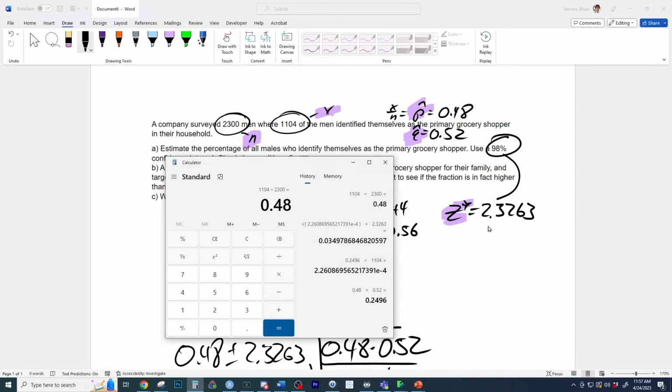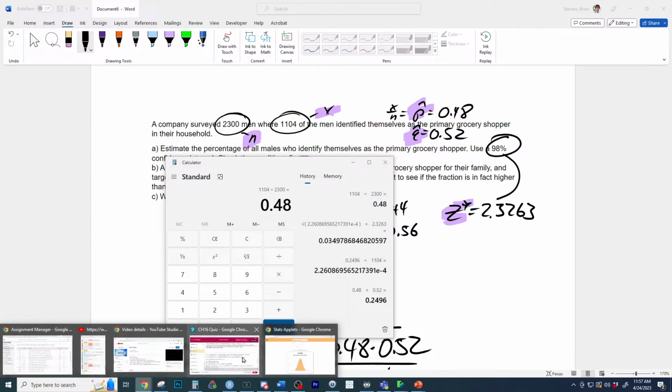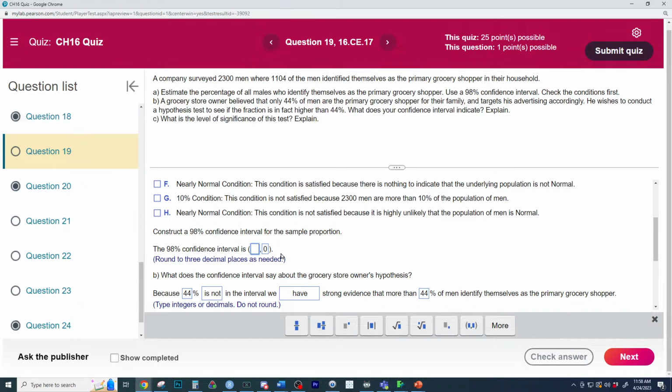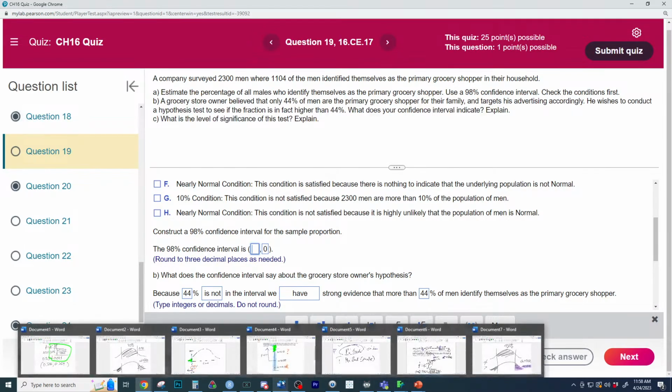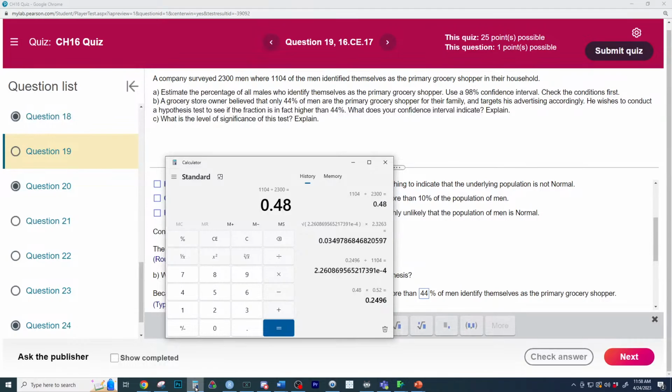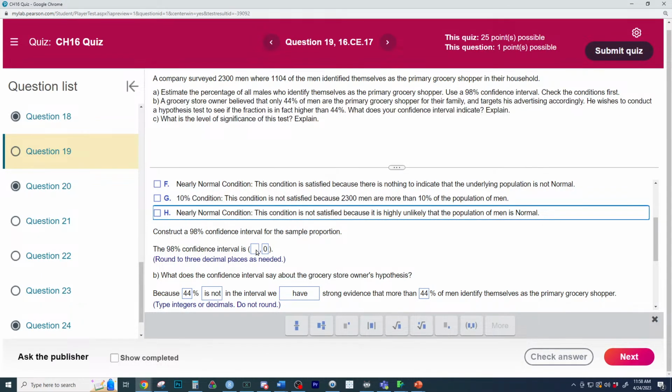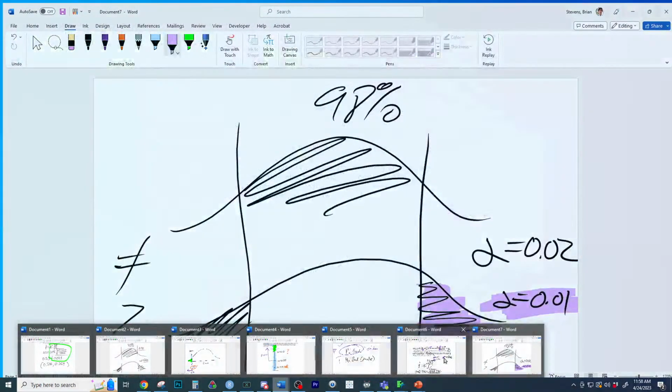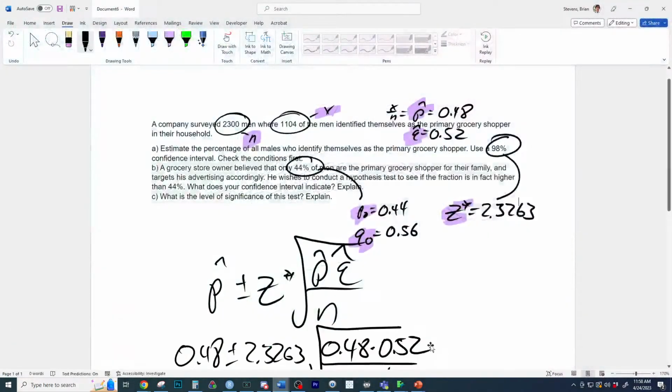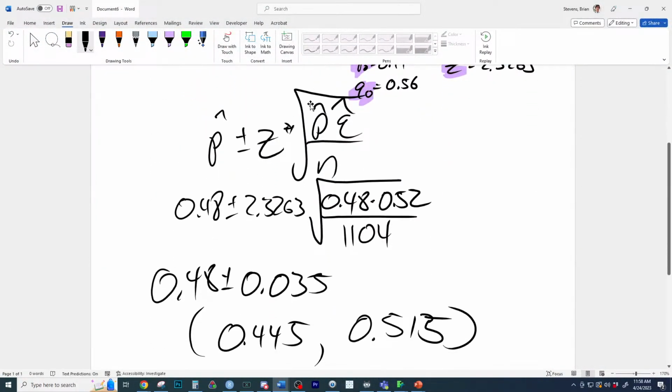Does it want it as a percent? What have I done wrong? What have we done wrong? P hat.